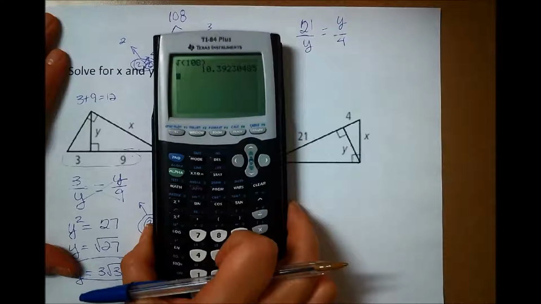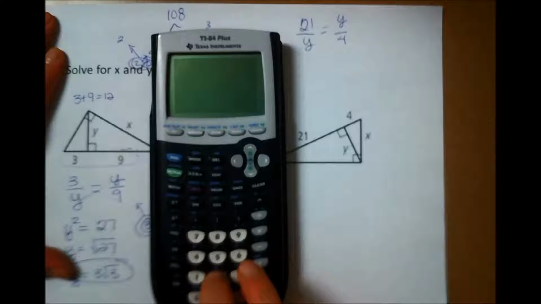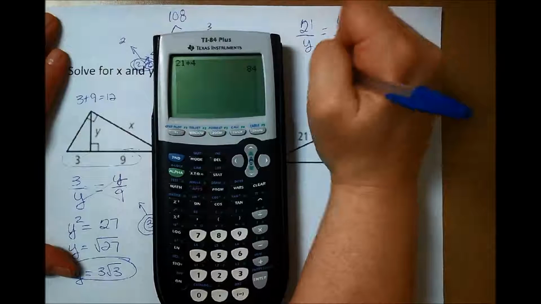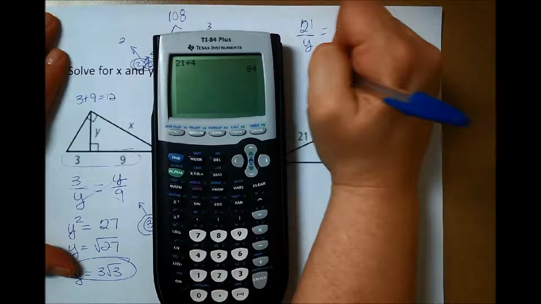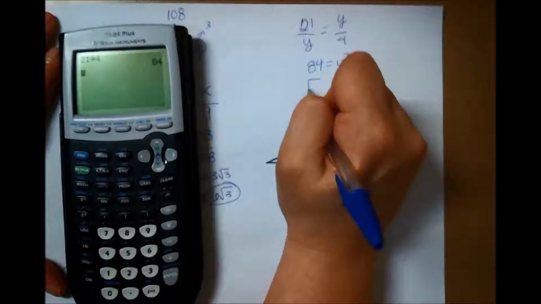Put that in there. 21 times 4 equals 84. So we can say 84 equals y squared. So square root of 84 equals y.